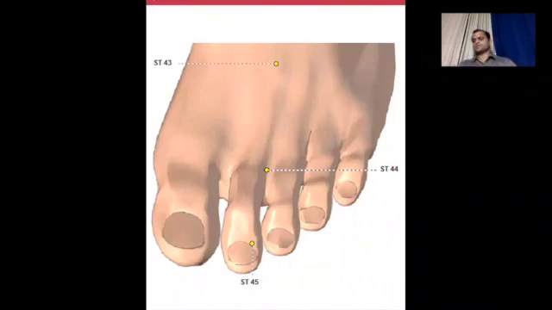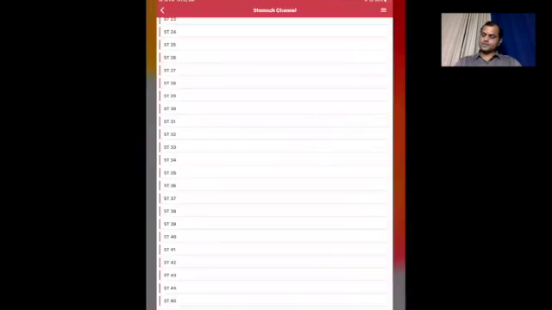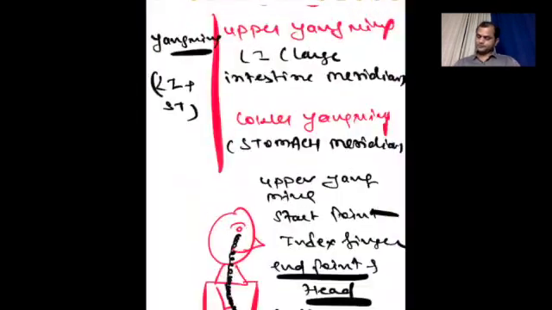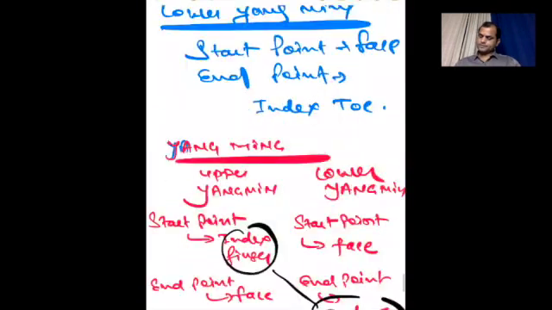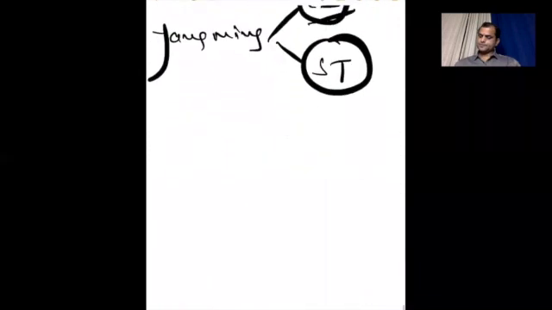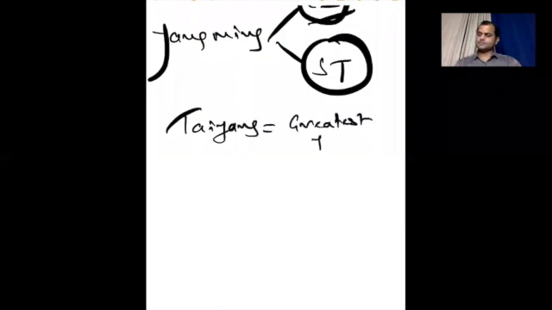In this way, first we discussed the Tai Yang, which is the greatest yang. Then second number goes to the Yang Ming, which is the brightest yang.